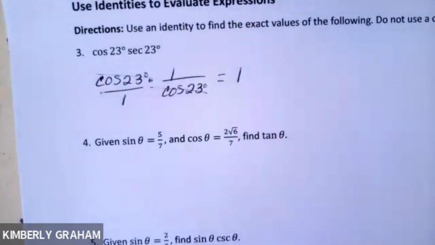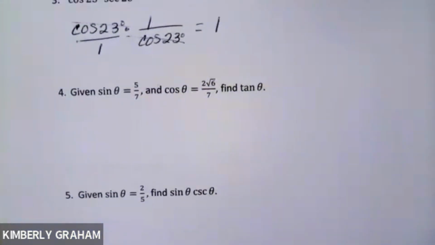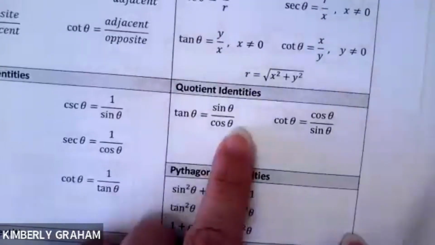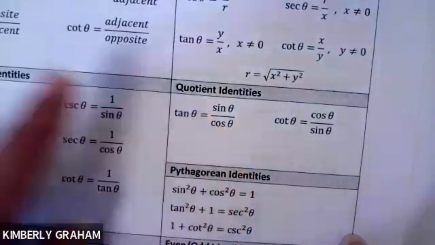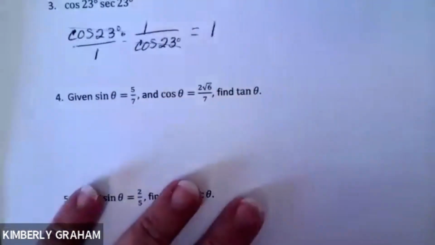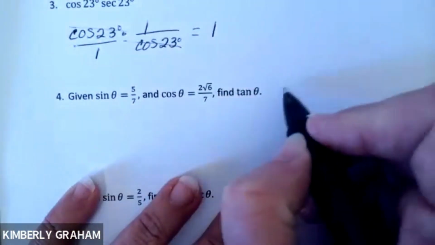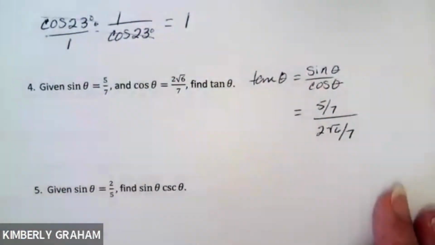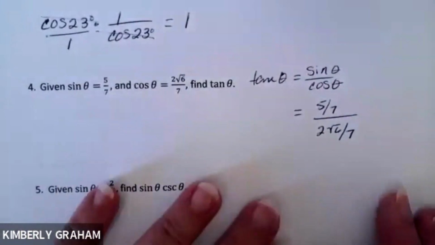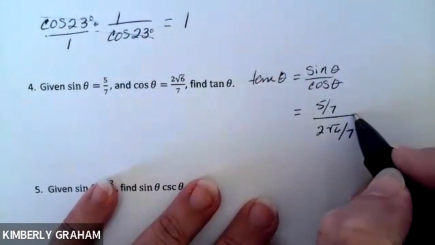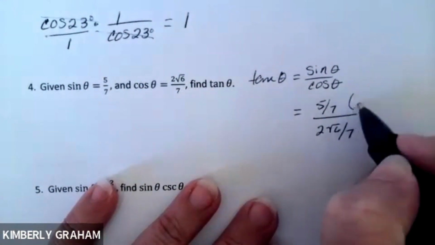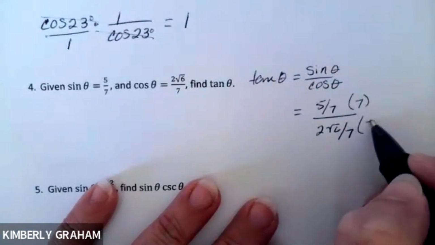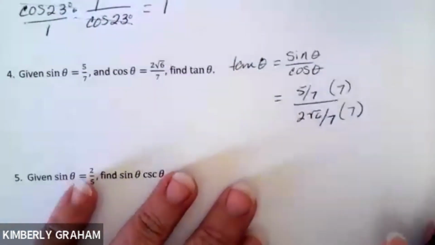Problem 4, we're given sine and cosine, and we're asked to find tangent. And I know that a quotient identity is going to relate all 3 of those. Tangent is sine over cosine. So now that I've substituted in sine and cosine, I need to simplify this. And there's a couple of different ways that you could go about simplifying. I'm going to multiply numerator and denominator by 7.